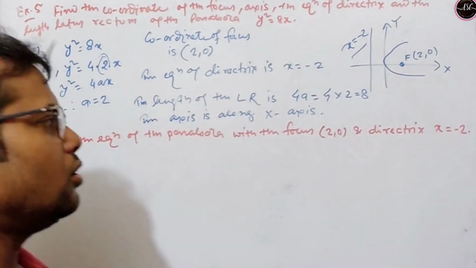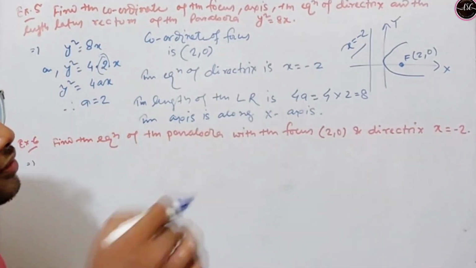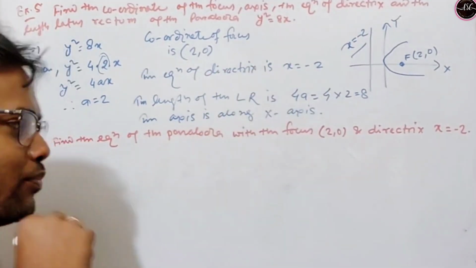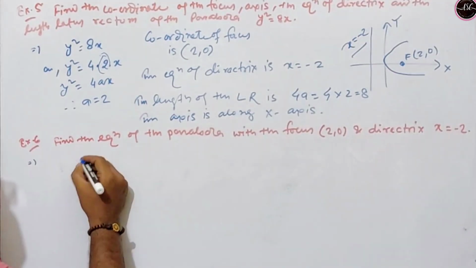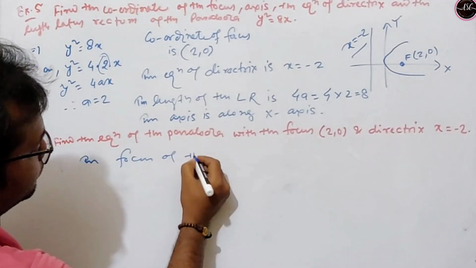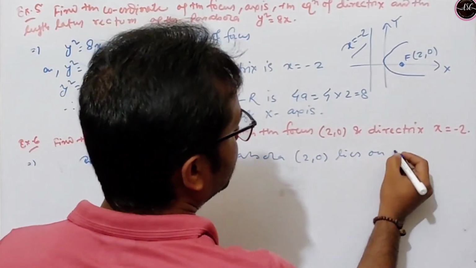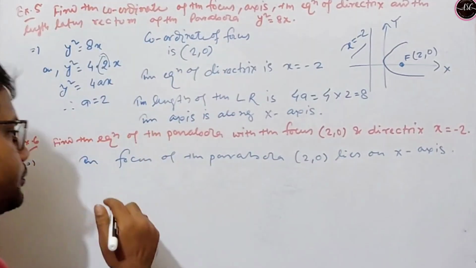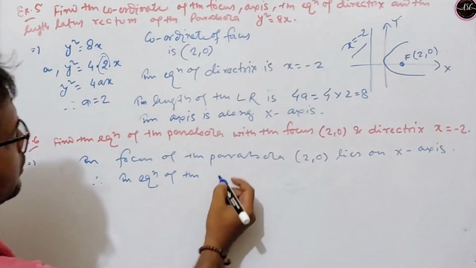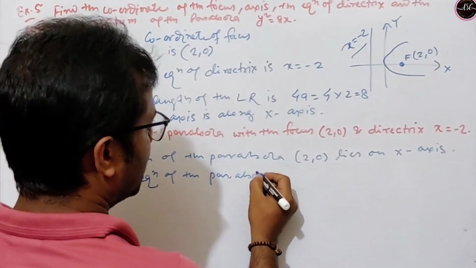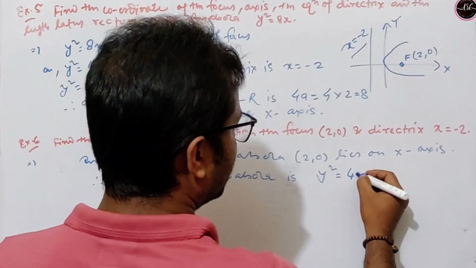Now look at this question. Find the equation of the parabola with the focus (2, 0) and the directrix x equal to minus 2. So this is just the opposite of the last one. The focus (2, 0) lies on the x axis, therefore the equation of the parabola is y square is equal to 4ax.